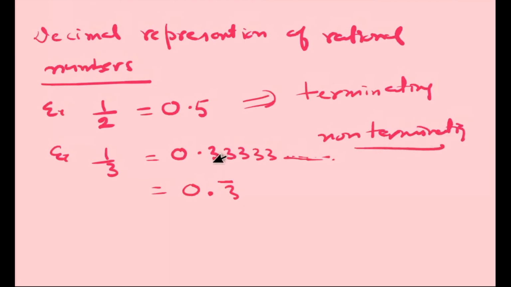Okay, so the rational numbers can be in decimal form, terminating or non-terminating. How will we judge, without division, whether the number will be terminating or non-terminating? Let's take examples. If 1/2 is given, then in smallest form the only factor is 2.